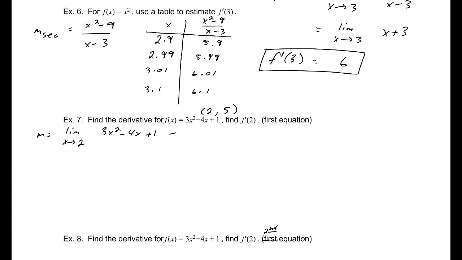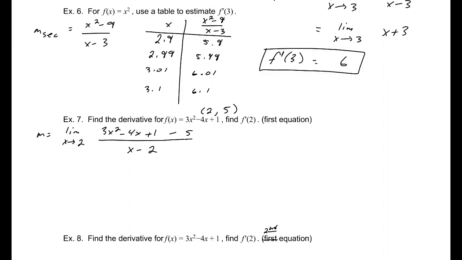Let me check that real quick: 3 times 2 squared minus 4 times 2 plus 1 is 5. So minus f of 2, which is 5, over x minus 2.